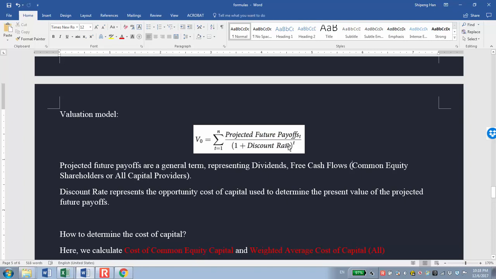But if we use the model free cash flow available for all capital providers, we use weighted average cost of capital as a discount rate.